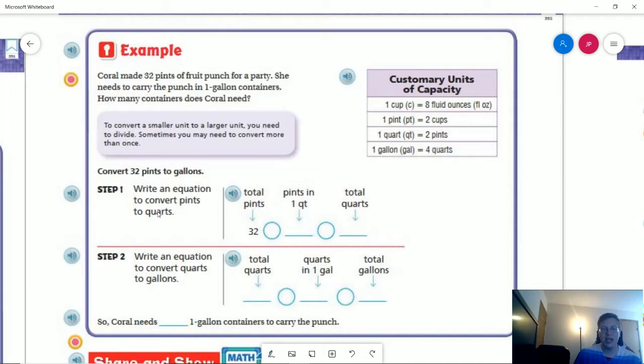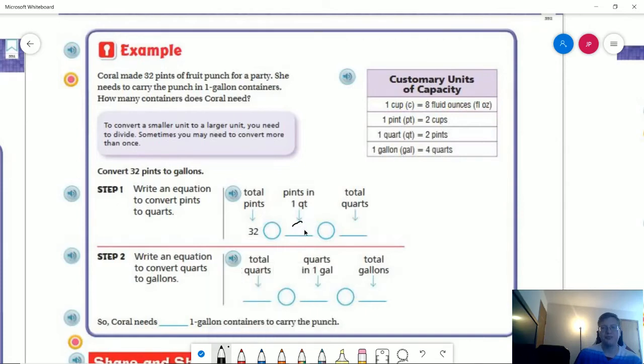We are going to write an equation to convert pints to quarts. If I look at my third row of this table, 1 quart is worth 2 pints. So if I do 32 pints divided by 2, that will give me my total number of quarts.